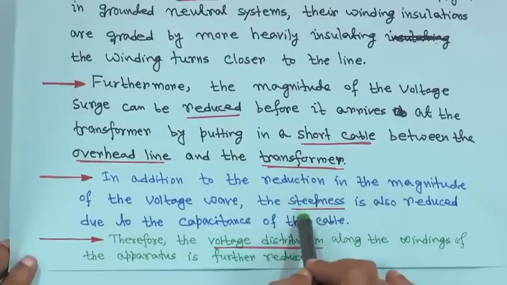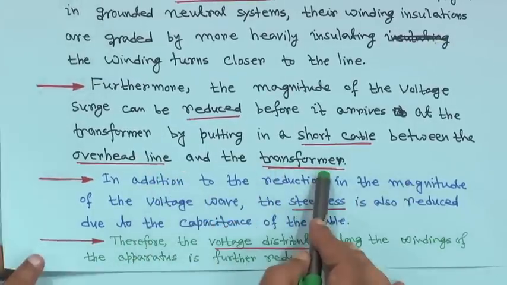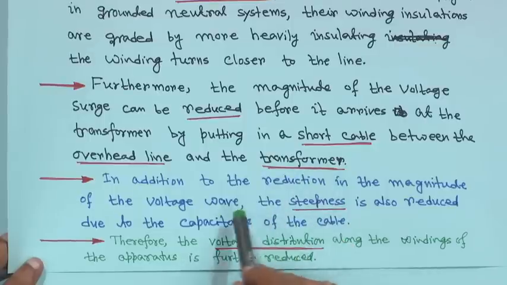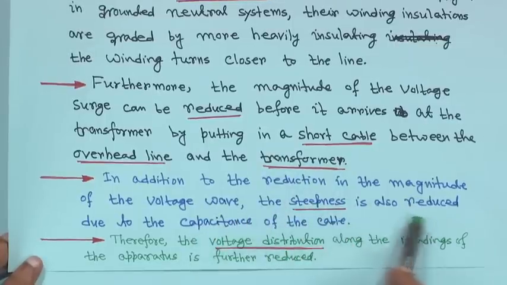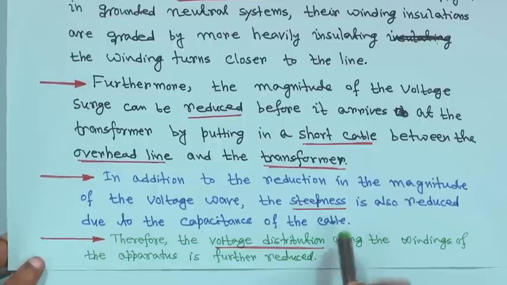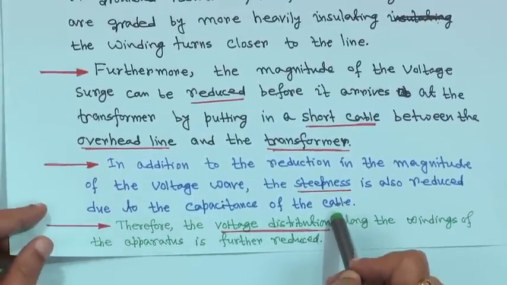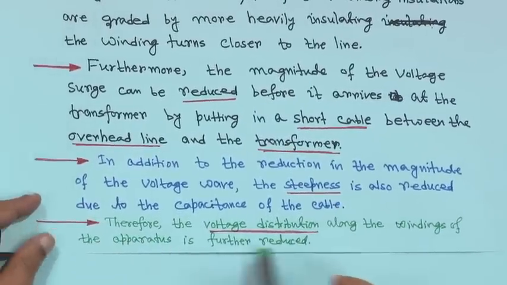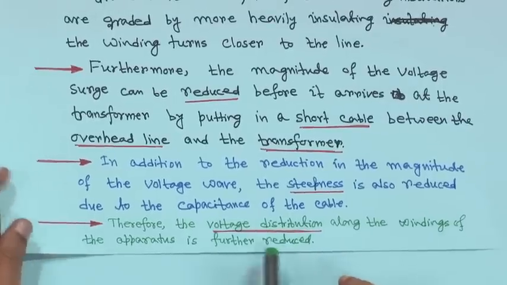So, that is why they put a short cable between the overhead line and the transformer, right. So, this reduces the magnitude of the voltage wave, and the steepness is also reduced due to the capacitance of the cable, right. This is a common phenomenon, you can observe this in reality, right. Therefore, the voltage distribution along the windings of the apparatus is further reduced.